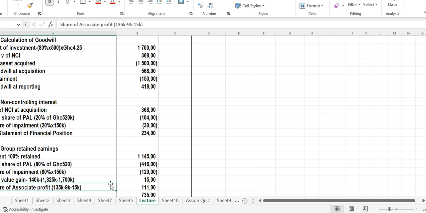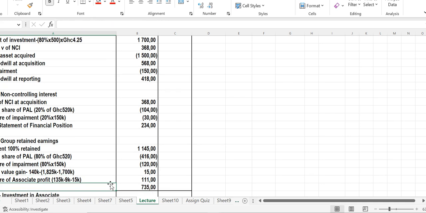So it's only 9 months of that profit you take. 30% of that belongs to parents. That's how we are getting the 135,000. And from this, we take the unrealized profit of 9,000. And then we also take out the impairment of associate. So it all comes down to 111.